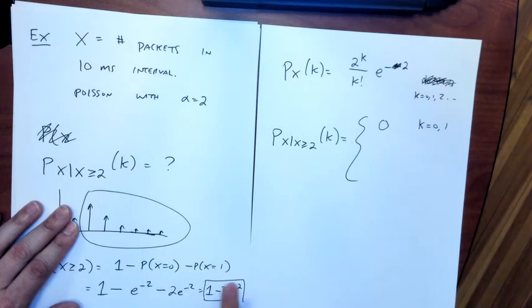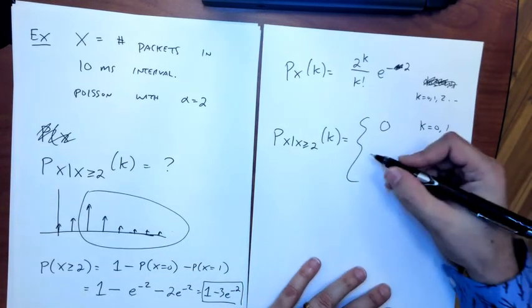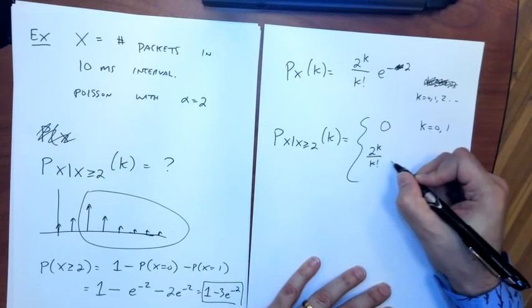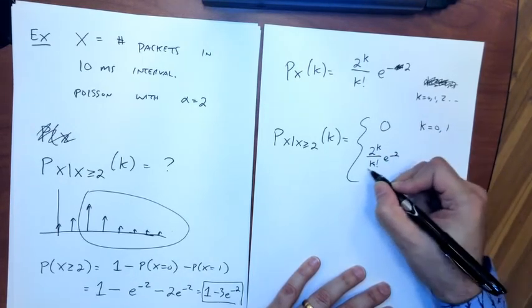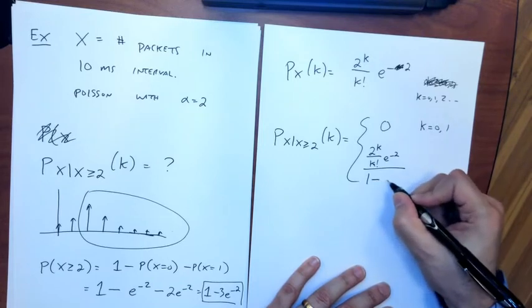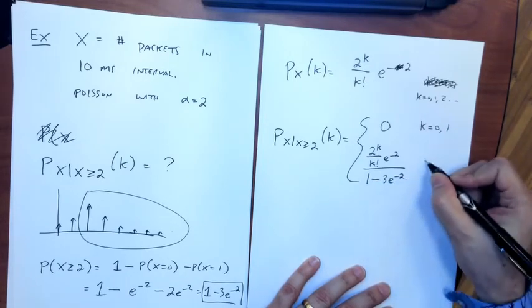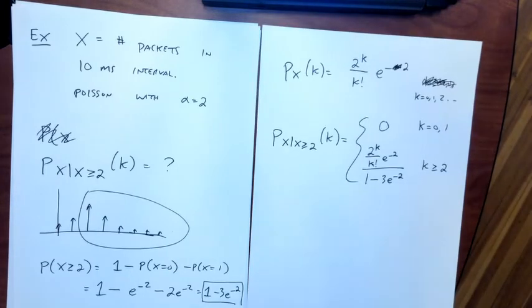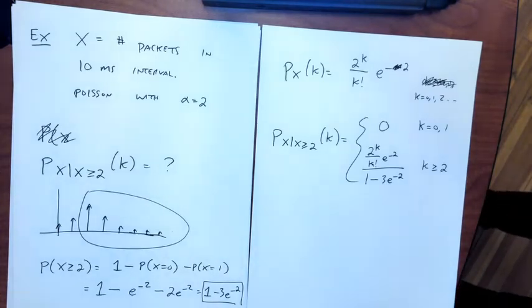This is the amount of probability that's left, right? So it's going to be 2 to the k over k factorial e to the minus 2 divided by this amount, which is some mess, but basically it's a rebalanced version.